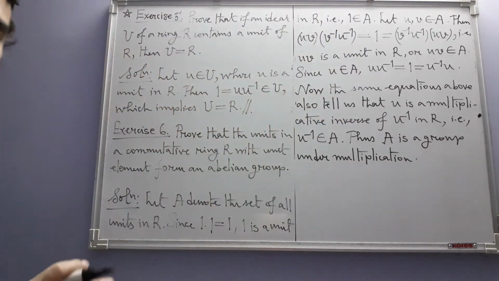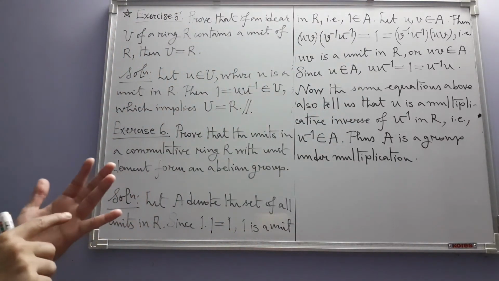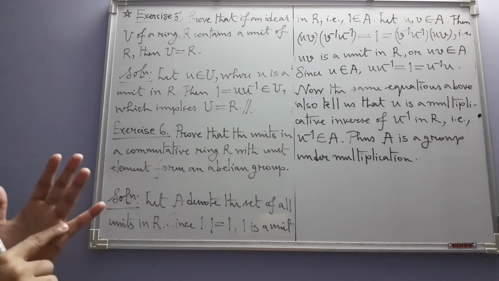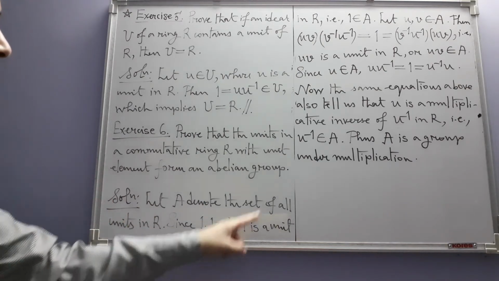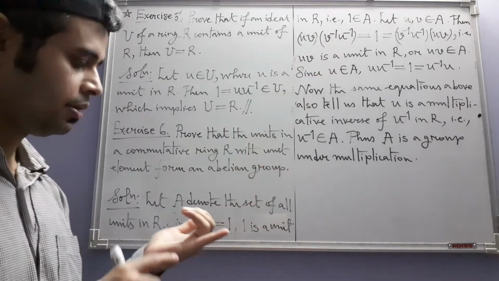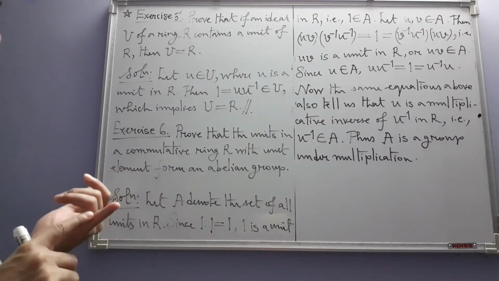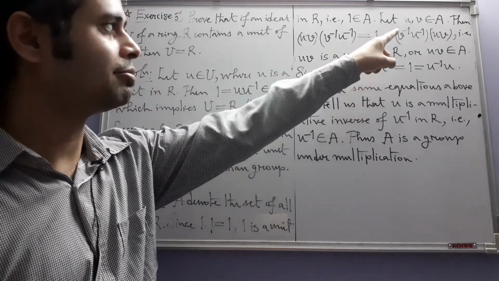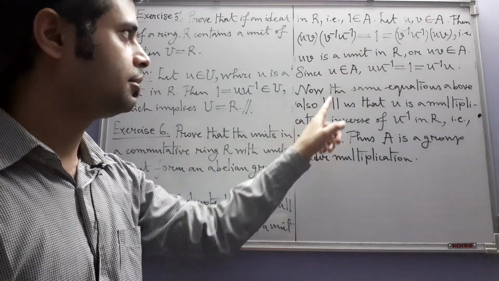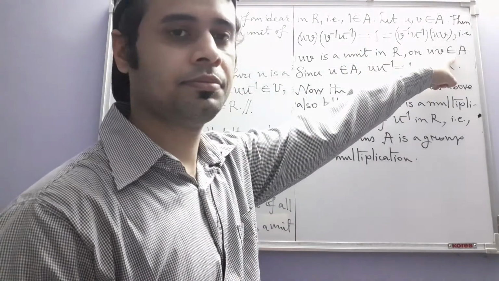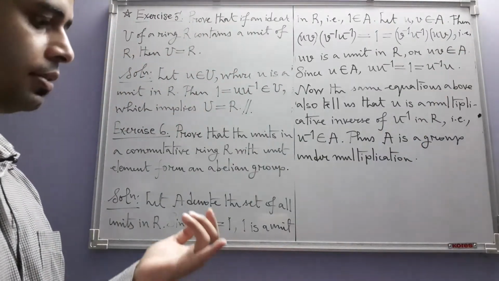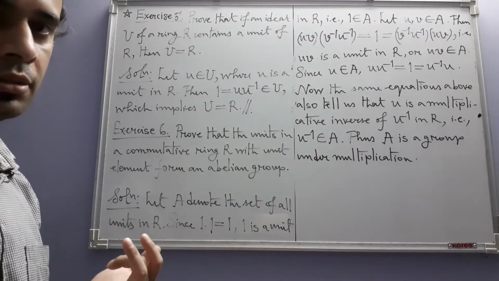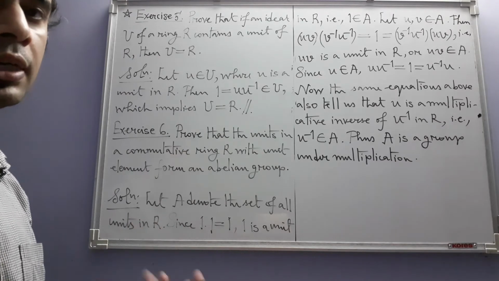To see why A is a group, we need all these things. A first of all has to be a non-empty set, which we have got here itself. A must be closed under multiplication, that we have proved here. If u and v belong to A, then uv belongs to A. Then multiplication should be associative, which is anyway true in the ring itself.